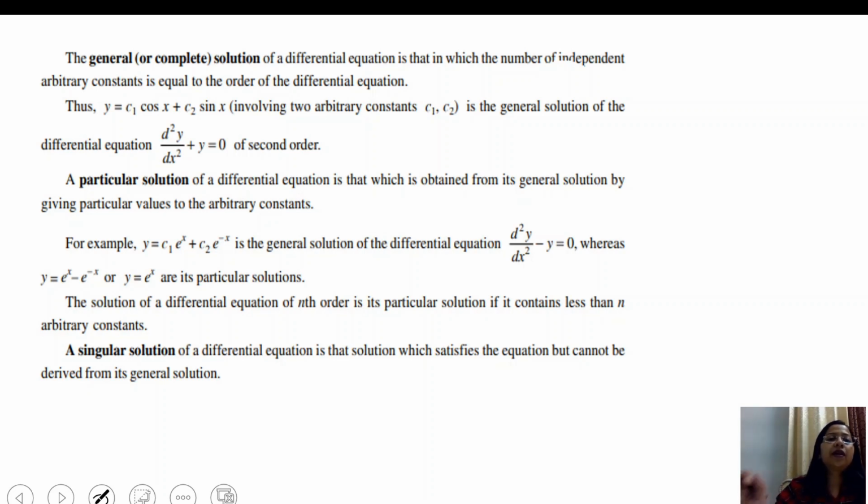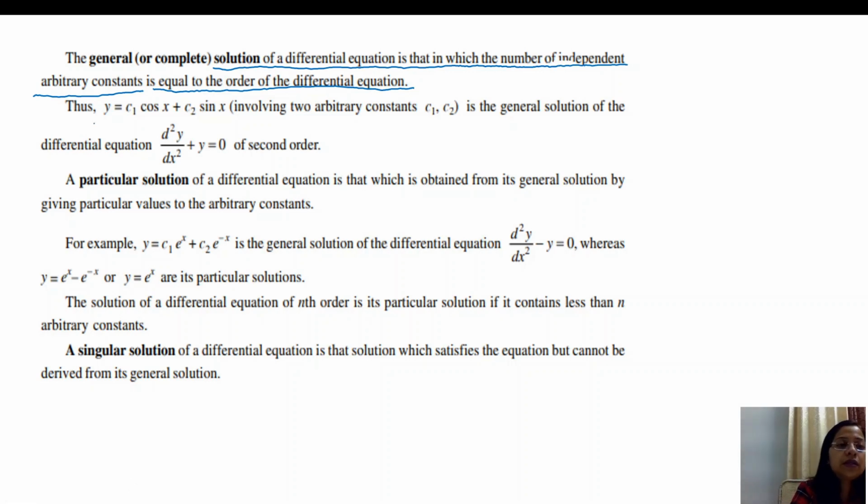Alright? Yeah. So here it is mentioned that the general solution of a differential equation is that in which the number of independent arbitrary constants is equal to the order of the differential equation. That's what I have told you just now.